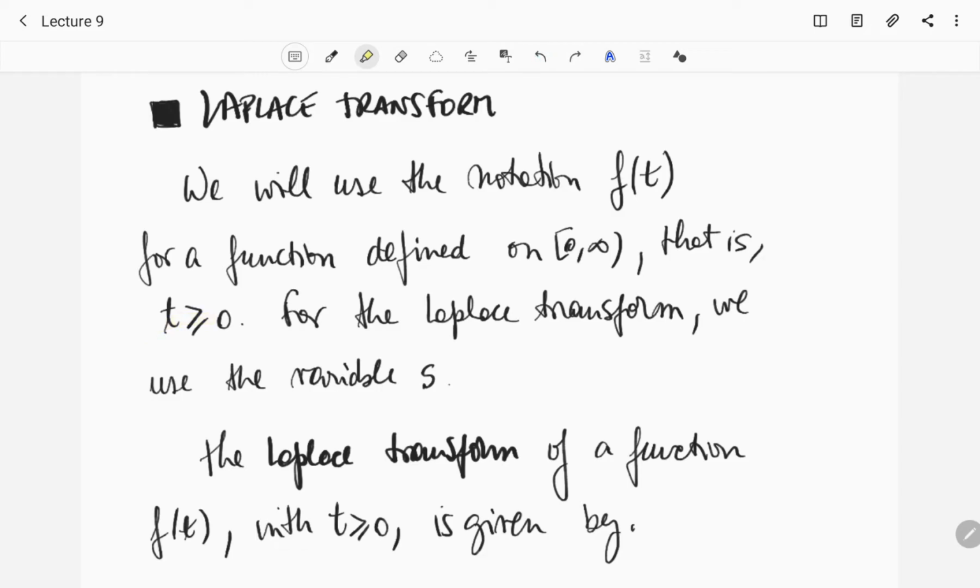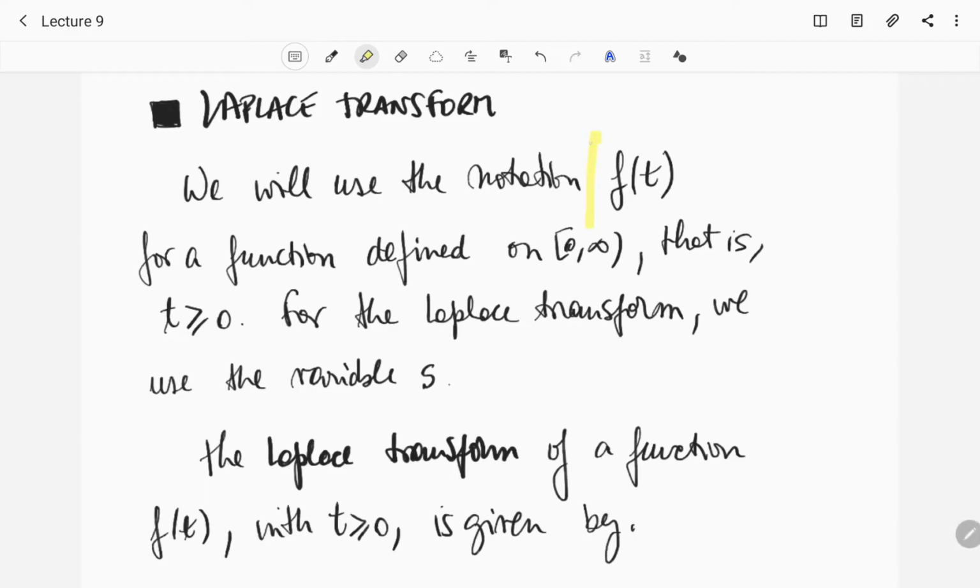Okay, so once we take this function and we compute its Laplace transform, this procedure will give us a new function. So we choose as the new variable the letter s. Again, t, s, w, any letter should be fine. We are just fixing notation.